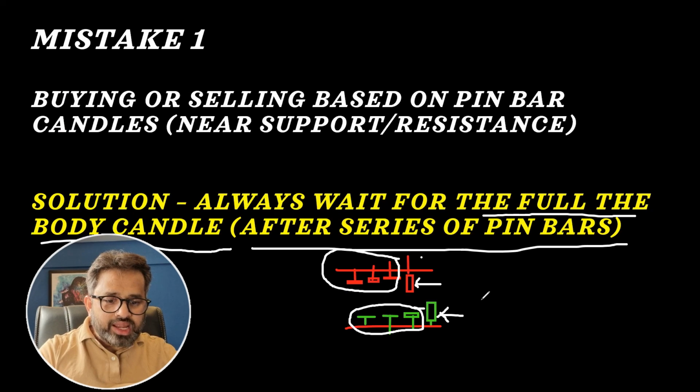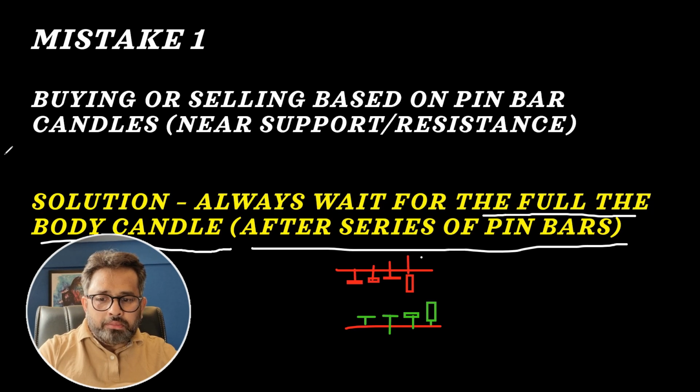Why I am saying that you should wait for a full body candle and then only go long is because sometimes it could be a trap. That means it may make a bearish pin bar, people start taking a short position, and there is a chance that instead of making a bearish candle, it can make a bullish candle.